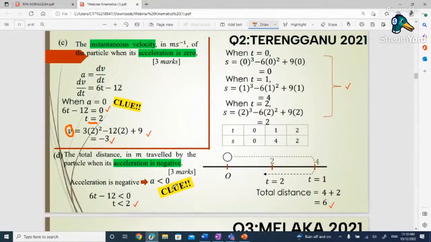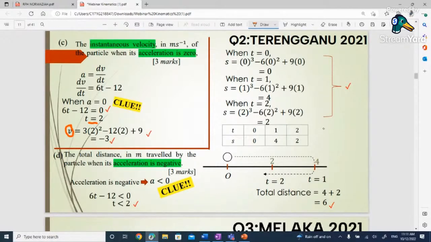Nampak macam senang, but if you look at my calculation on the right side ni banyak. Okay, what do we understand from T less than 2? Apa yang kita nak faham? Okay, number one. Mula-mula kita kena ingat, kalau kita nak cari total distance, since my animation is all out, tangan saya ni lah, my fingers are my animation.